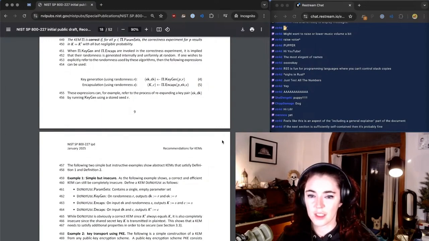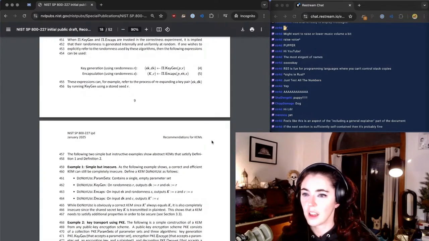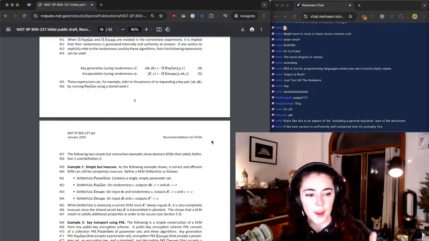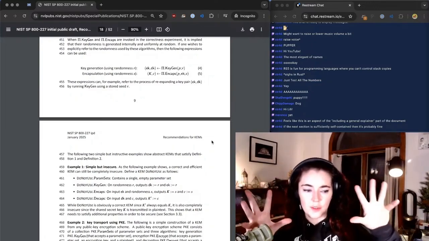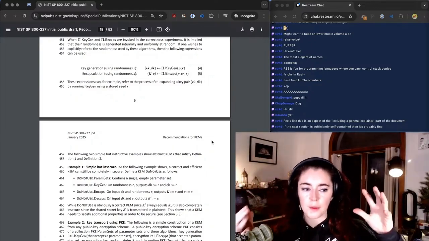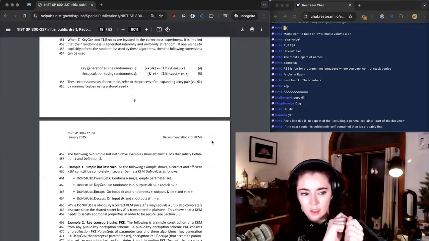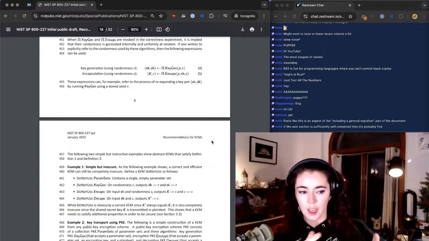Especially if this next section is sufficiently self-contained, it's probably fine. All right, let's see. Yeah, explicitly returning to the randomness R. It's explicitly kind of an input to keygen. And actually, now that I think about it, this is kind of nice because the external surface area of an ML-KEM implementation in a module has keygen, encaps, decaps.